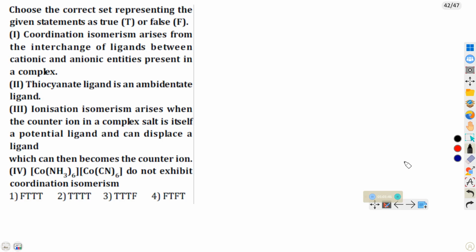Choose the correct set representing the given statements. Coordination isomerism arises from the interchanging of ligands between cationic and anionic entities. Correct. Thiocyanate SCN minus is an ambidentate ligand. Correct. SCN minus is also written as SNC minus.